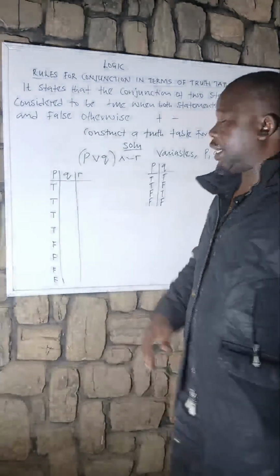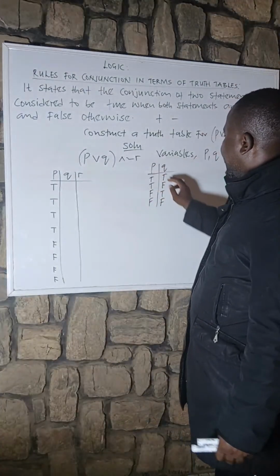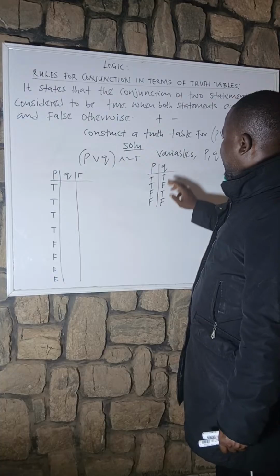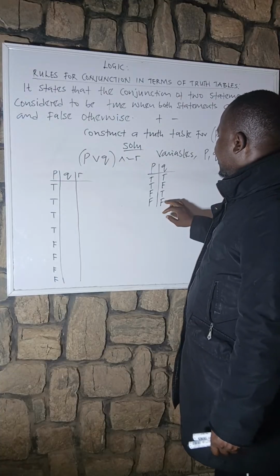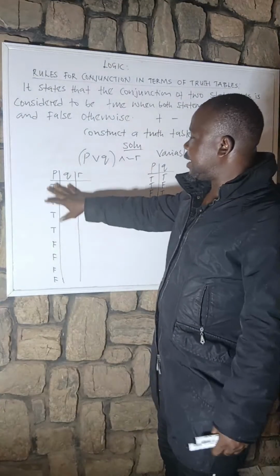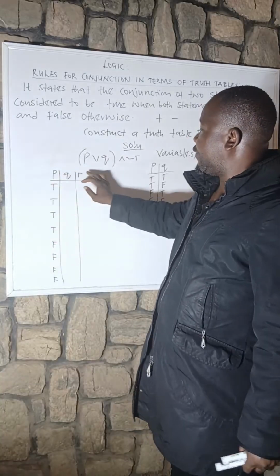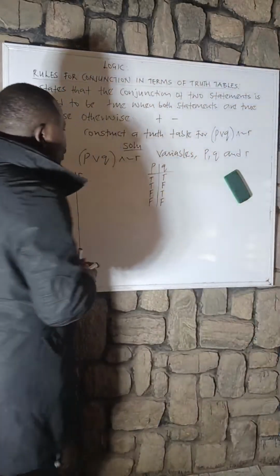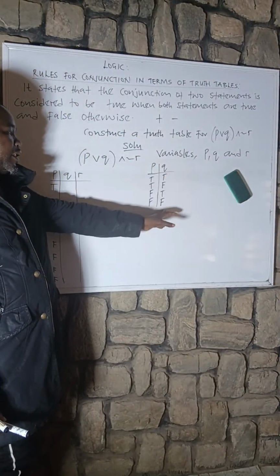So now, as I was explaining, I said supposing it's two variables, this is how it's supposed to be. But since here we have three variables, Q will not take this setting.